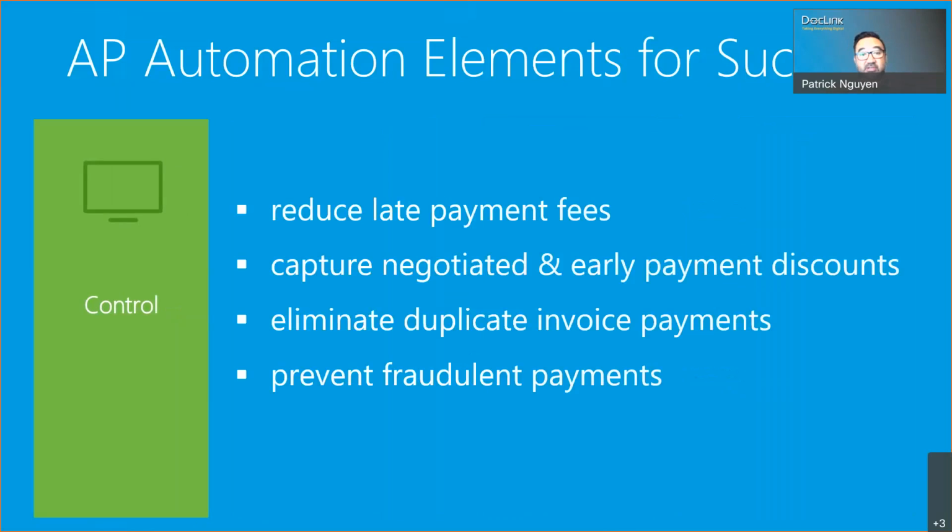Maybe take advantage of early payment discounts, and then eliminate any duplication of invoices that you may not catch today because maybe the vendor mistakenly sends you the same invoice twice, right? Well, our system will catch that so that you don't see duplicate invoices in the system, and then also prevent fraudulent payments because we can pick up that information and have checks and balances through our system as well.